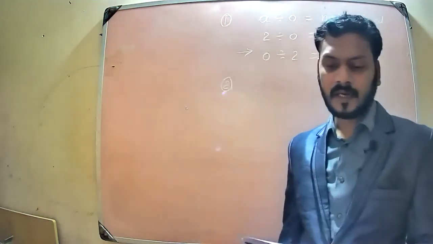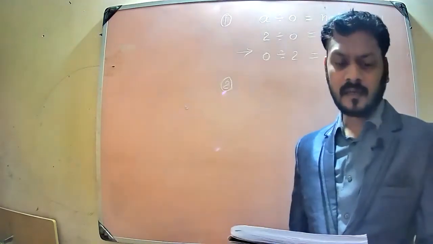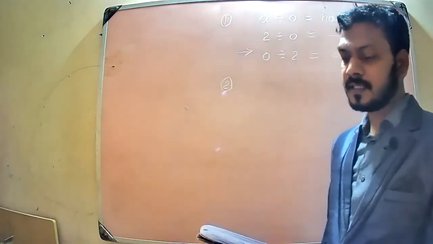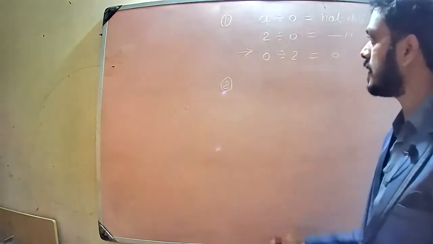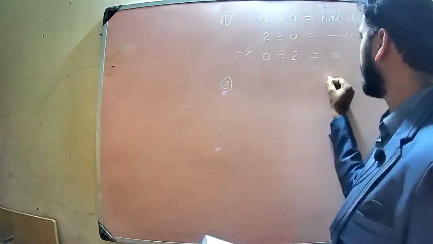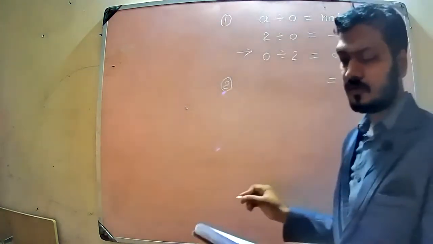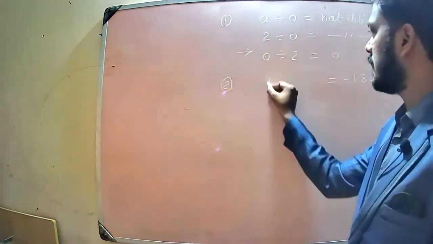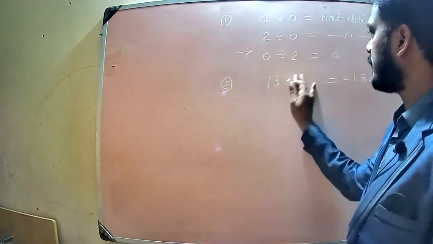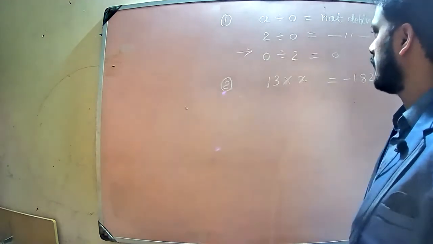The product of two integers is minus 182. If one of the integers is 13, find the other integer. Given that the product of two integers is minus 182 and one of the integers is 13, we can take the other integer as x.